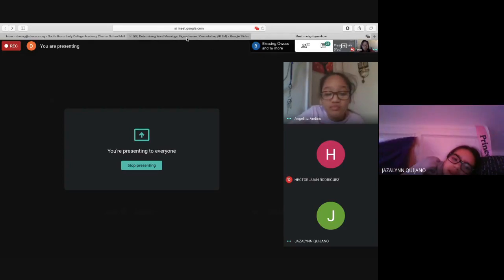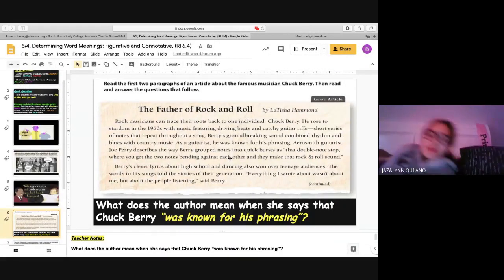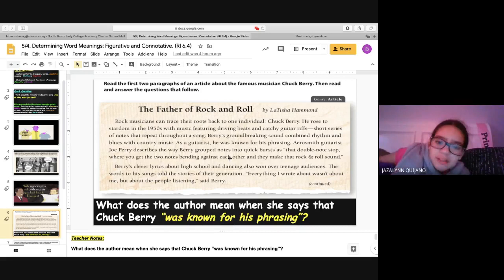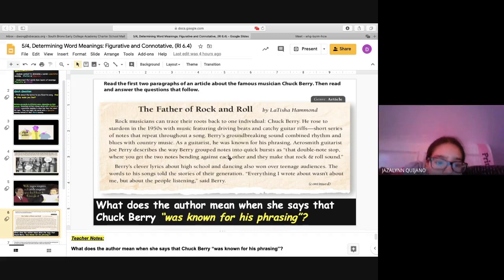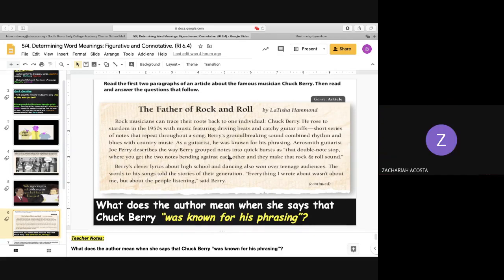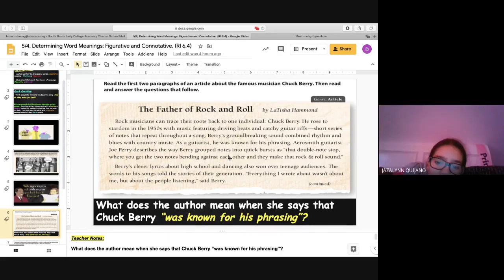Rock musicians can trace their roots back to one individual, Chuck Berry. He rose to stardom in the 1950s with music featuring driving beats and catchy guitar riffs, short series of notes that repeat throughout a song. Berry's groundbreaking sound combined rhythm and blues with country music. As a guitarist, he was known for his phrasing.